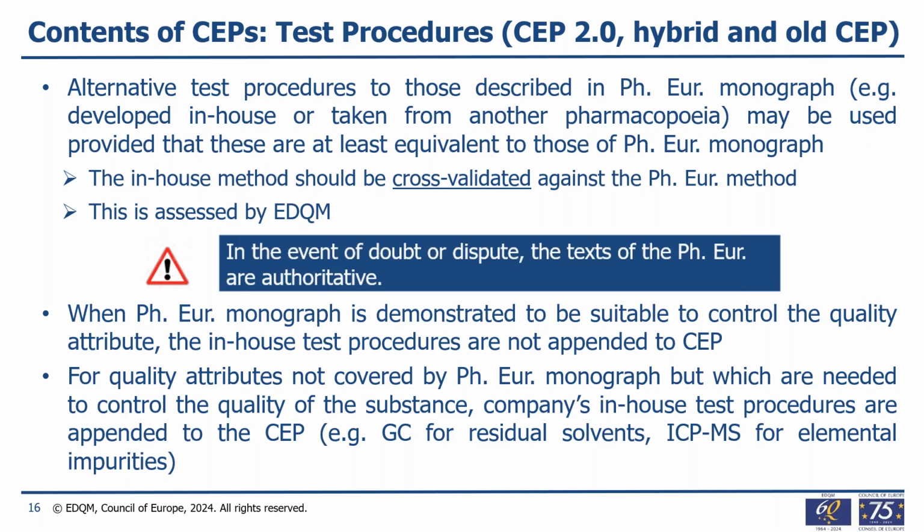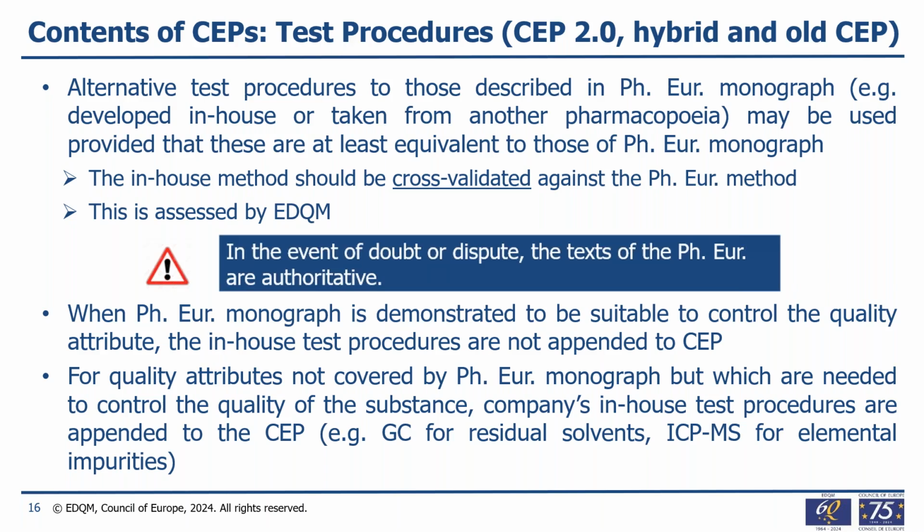So in this case, cross-validation data should be provided to demonstrate that the methods are at least equivalent, and this information is assessed by the EDQM. And in the event of doubt or dispute, please be reminded that the text of the monograph remains authoritative.